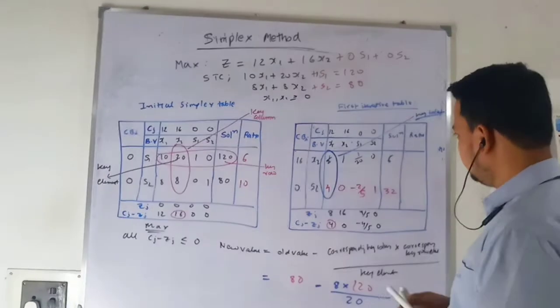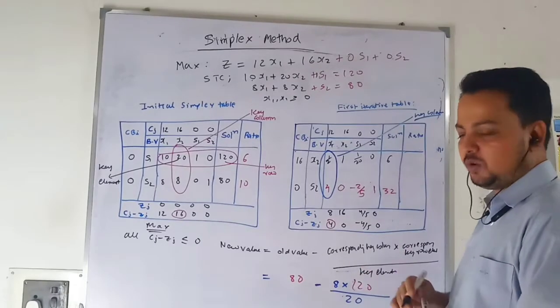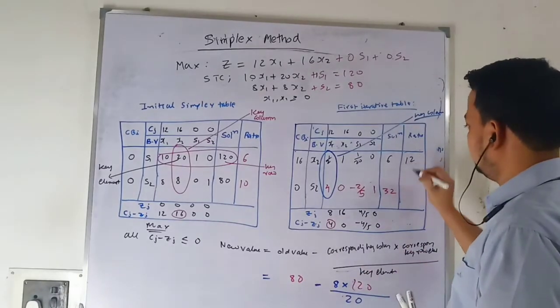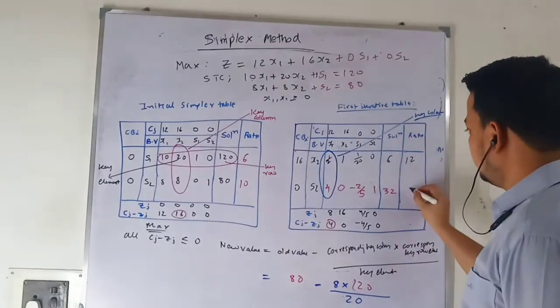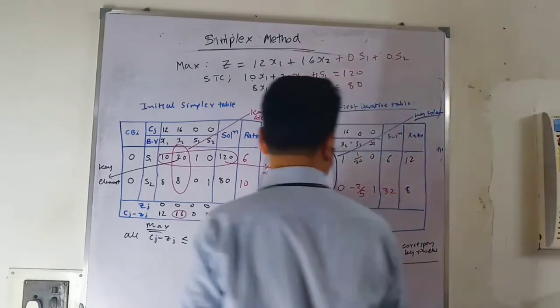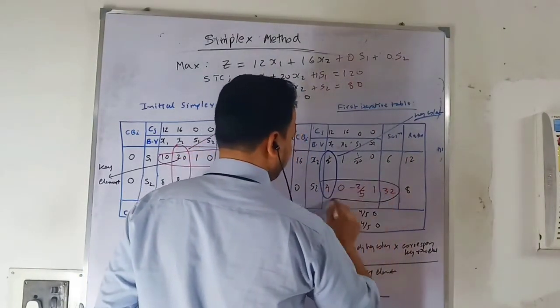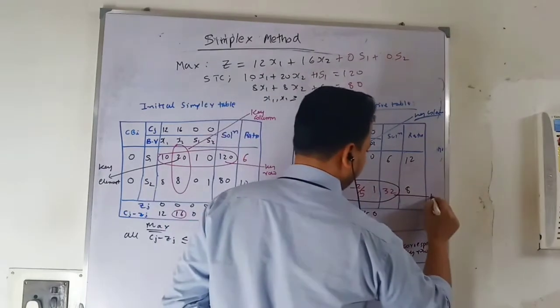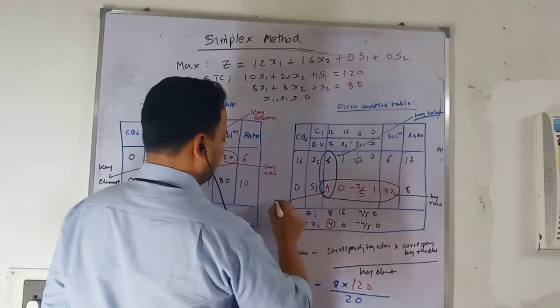How much? 12. 32 divided by 4. 8. Okay. So S2, this is my key row. And my key element is 4.